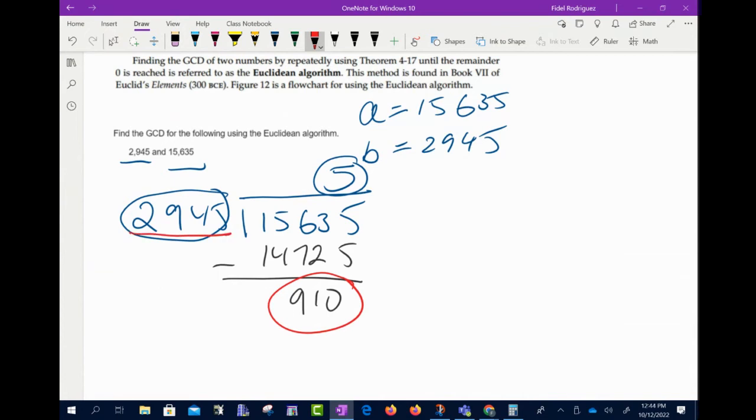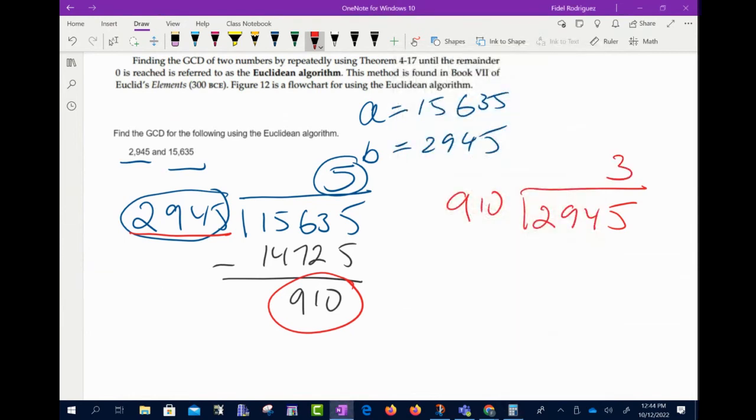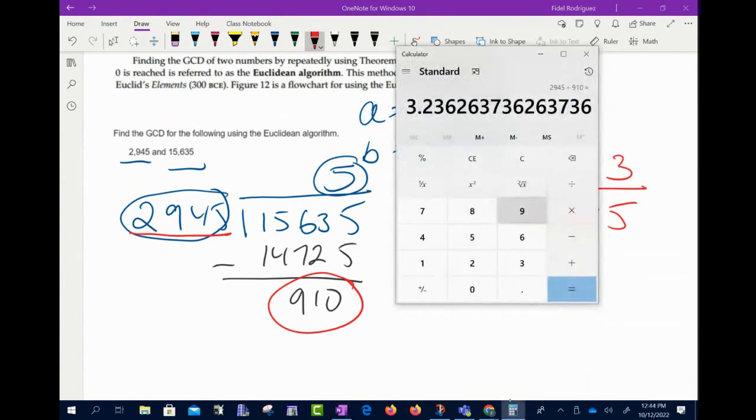Okay, what we're going to do now, y'all, we're going to take this number and we're going to divide it into the smaller number that we ended up with, okay? So look, I'm going to play this game again. I'm going to take 910 and I'm going to divide it into 2,945. Just like I did before, y'all, 2,945 divided by 910. I know it's not going to go nice and neat. I'm going to play this game a few times, but it goes in about 3 times. So look, y'all, I'm going to put a 3 right here, and I want to figure out what's 3 times 910.